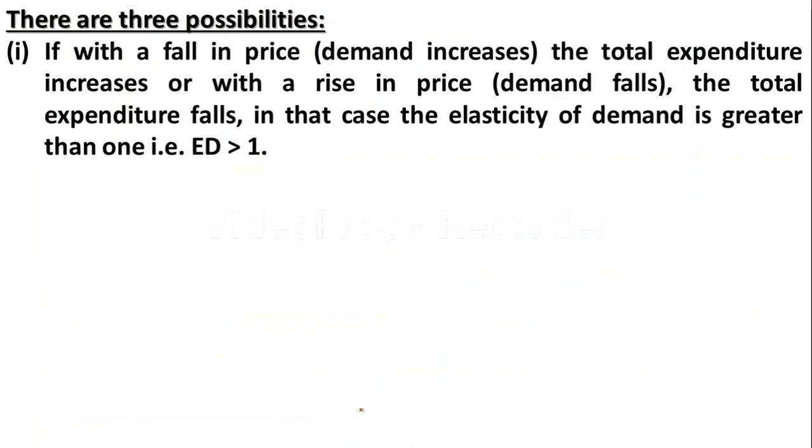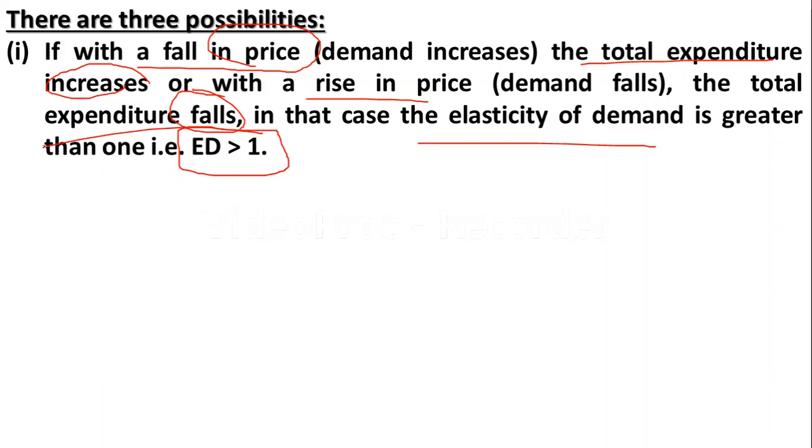There are 3 possibilities. The first one is if with a fall in price, that is, when price decreases, the total expenditure increases, or with a rise in price, demand will fall and the total expenditure will also fall. In that case, elasticity of demand is greater than 1. So this is the first possibility.